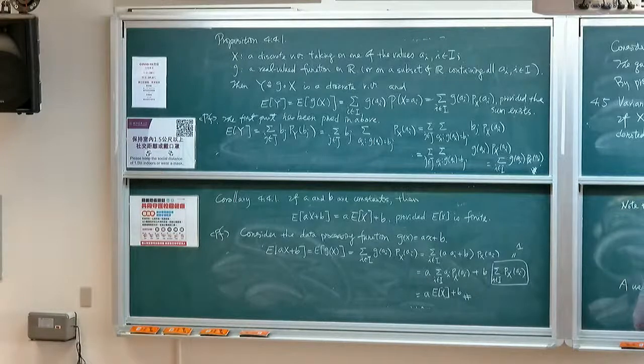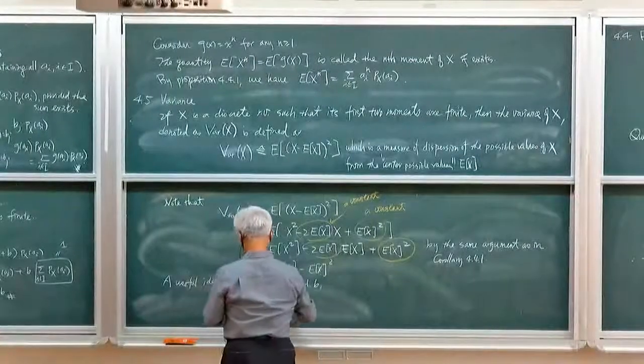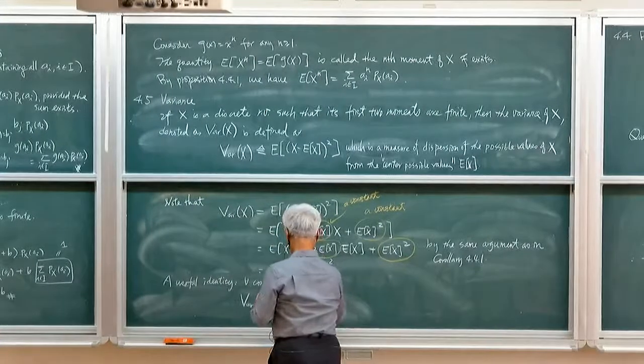For any constants a and b, the variance of ax plus b is equal to a squared times the variance of x.